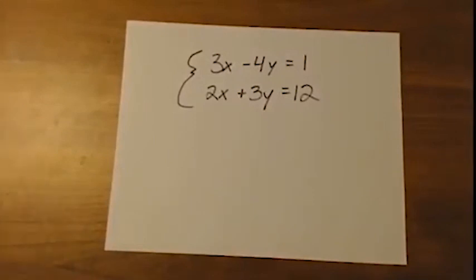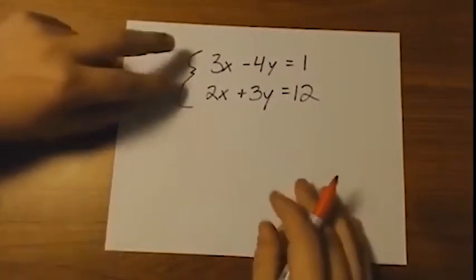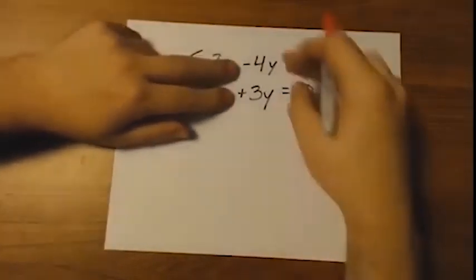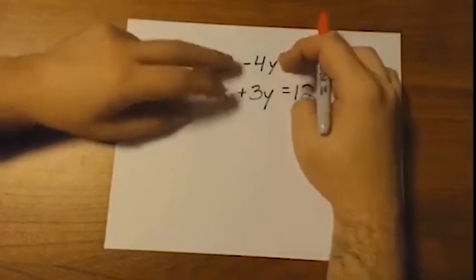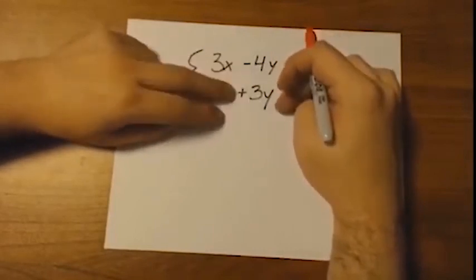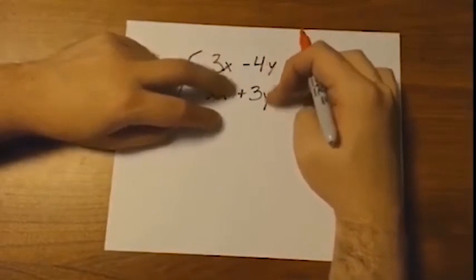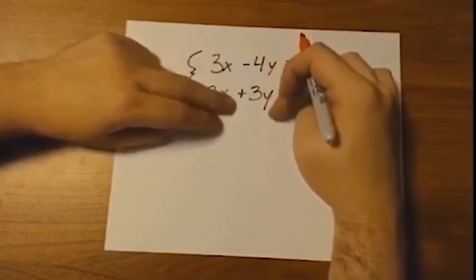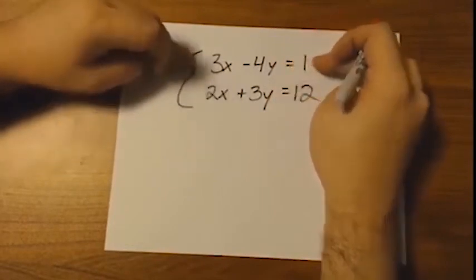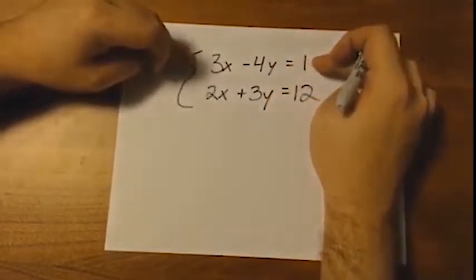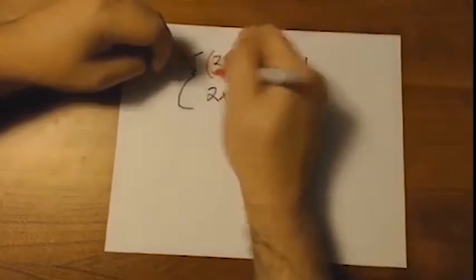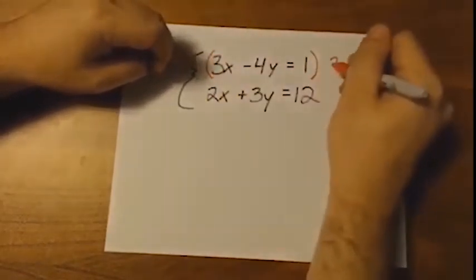So let's say here with our y's, one of them's negative, one of them's positive. We're already off to a good start. What's the least common multiple of 4 and 3? 12. Well, what do we need to multiply 4 by to get 12? 3.